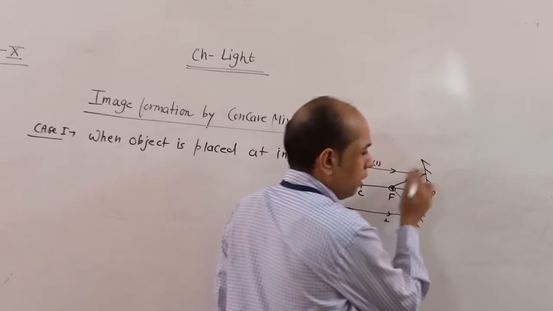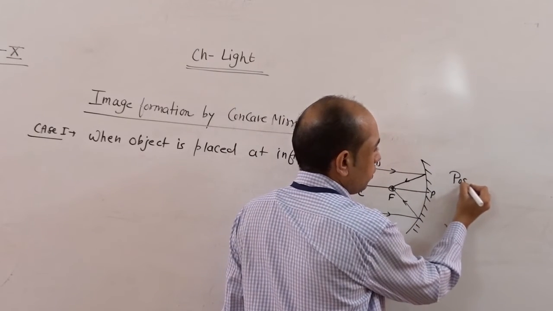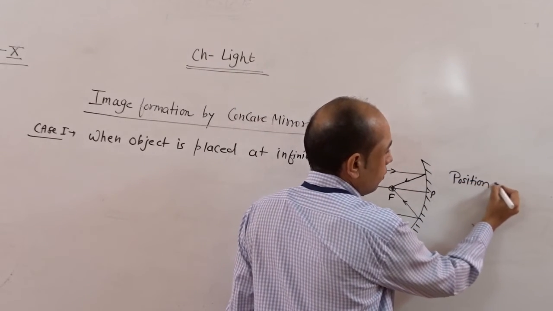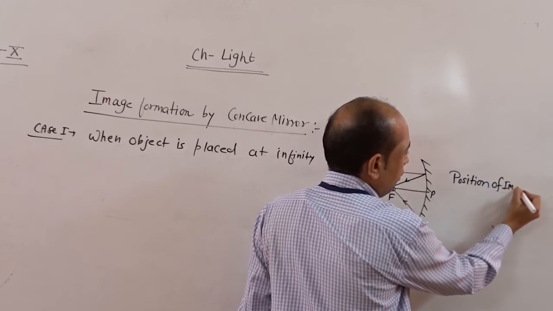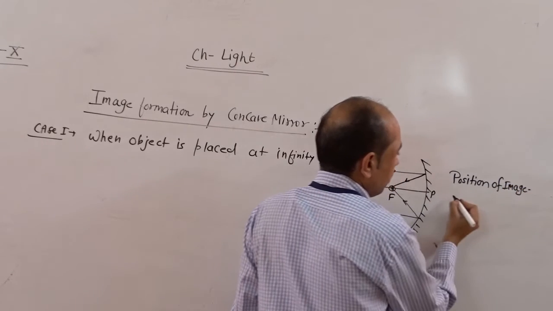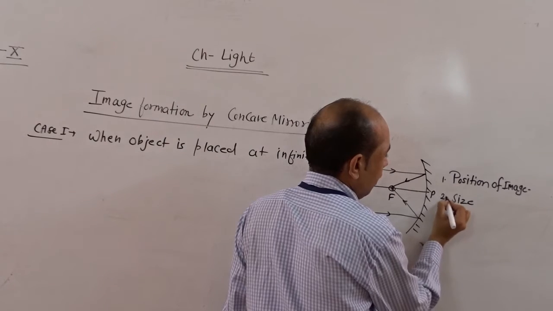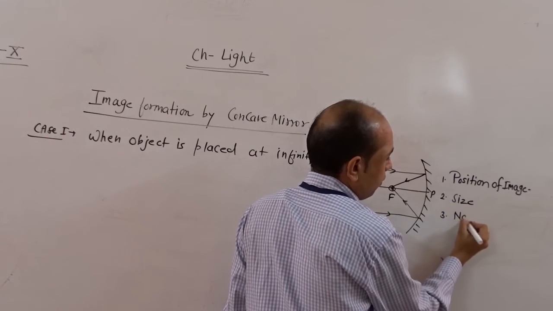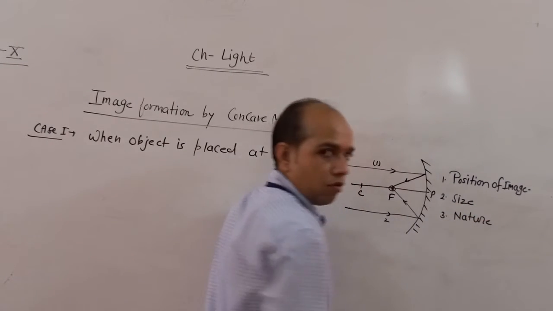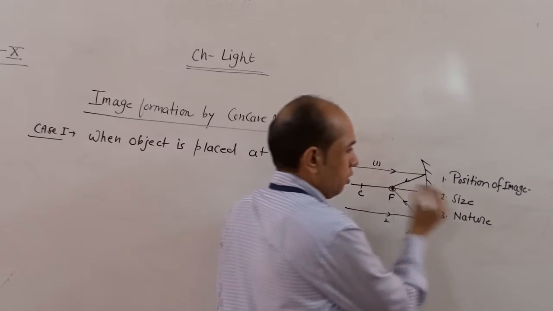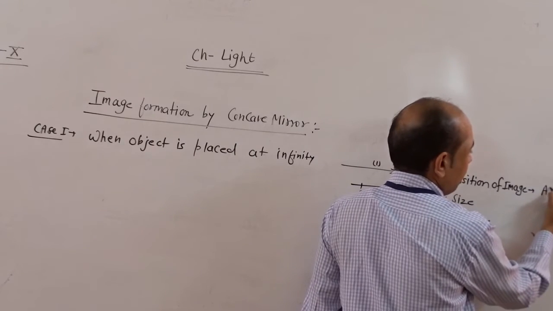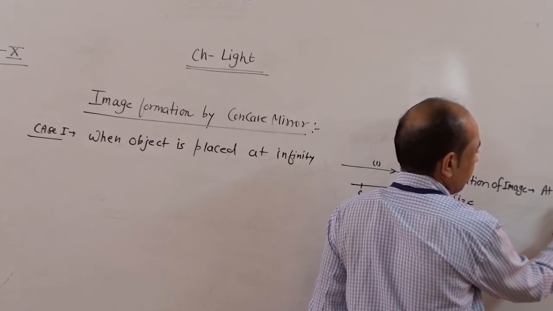So if we talk about here position of image, size and third one is nature. So what we see here, position of image: the image meets at focus.